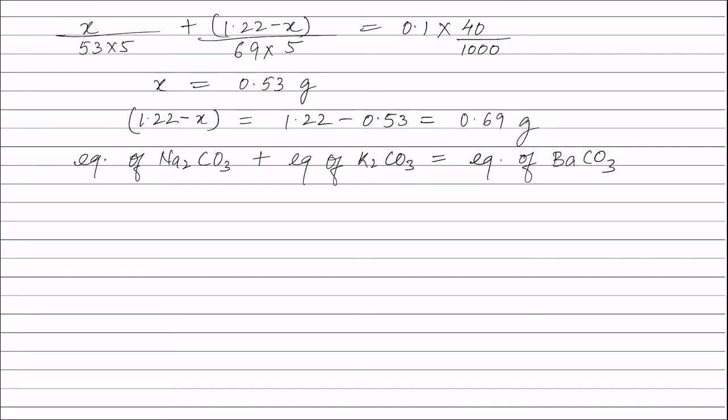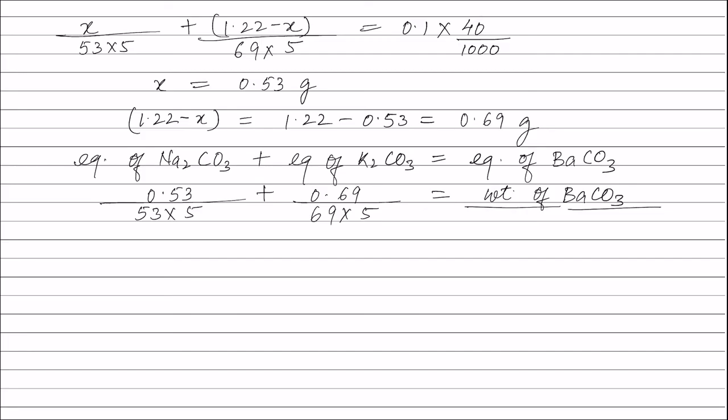Now, equivalents of sodium carbonate in 20 milliliter of solution is weight of sodium carbonate, that is 0.53 divided by 53 into 5, plus equivalents of potassium carbonate in 20 milliliter solution is weight of potassium carbonate, that is 0.69 divided by 69 into 5, and this is equal to equivalents of barium carbonate. Now equivalents of barium carbonate will be equal to weight of barium carbonate divided by equivalent weight of barium carbonate.